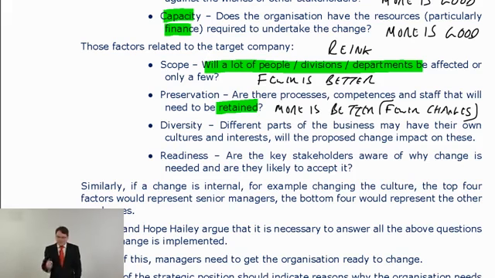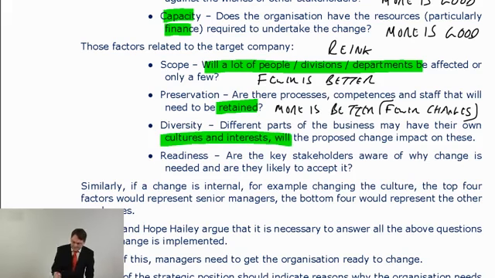Diversity. This is the hard one. If you have got a company where everybody is similar, they've all got similar kinds of backgrounds, they all do things in a similar kind of way, then either they will all say yes or they will all say no. Now, if they all say yes, that's great, but what you're worried about is that they're all going to say no. On the other hand, if you've got a situation where people are from lots of different backgrounds, then some of them will say no, but some of them will say yes.